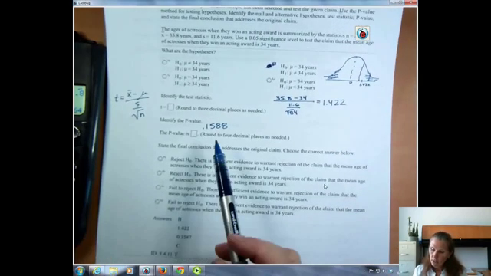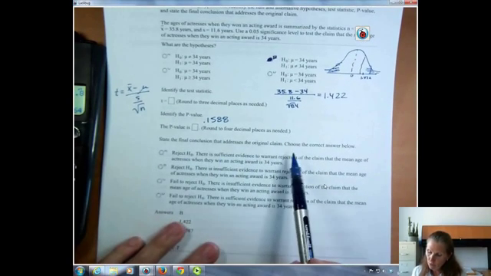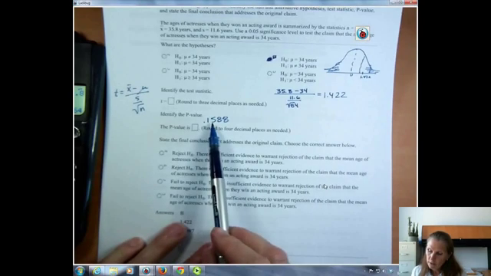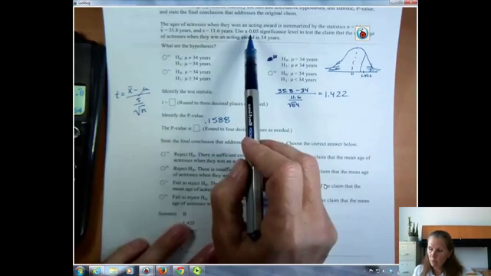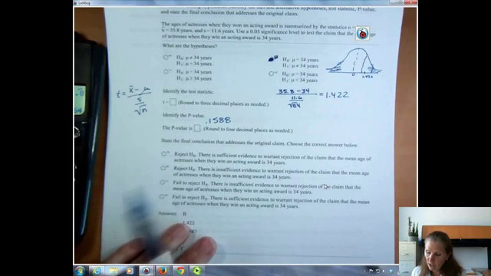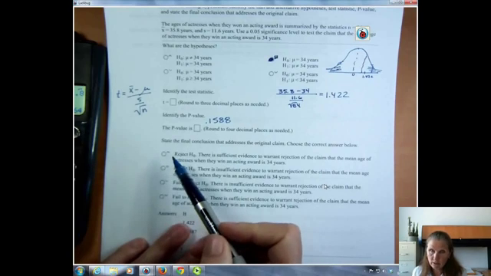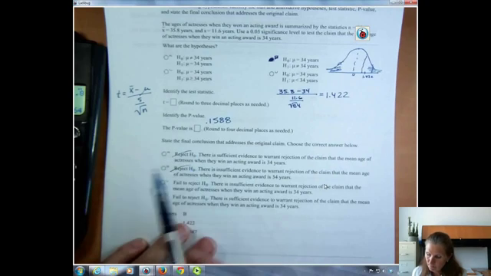Okay. State the final conclusion that addresses the original claim. This is greater than the significance level of 0.05. Therefore, if it's high, the null will fly. When it flies, it means fail to reject. Fly, fail, okay, FF. So forget those two.